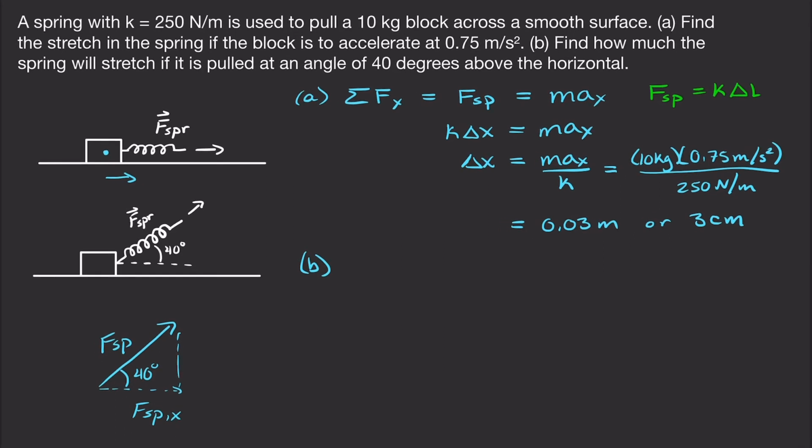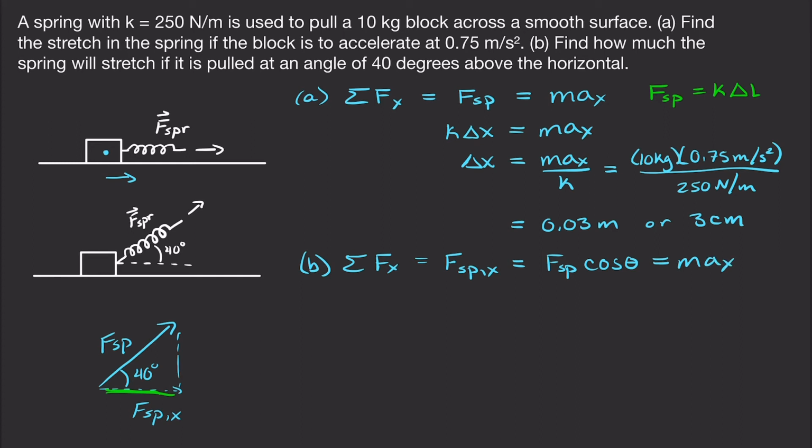This is going to be adjacent to our angle, and we know adjacent is always cosine. So if I sum up the forces in x, now I have the x component of the spring force, or F spring times cosine of theta. And I guess you could put in 40 degrees at this point if you wanted. That's still our only force in the x direction, so that's going to equal mass times acceleration.